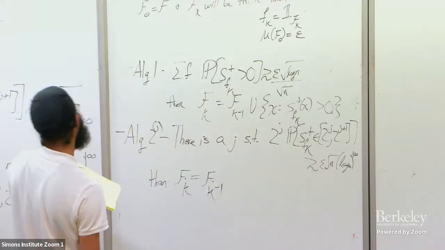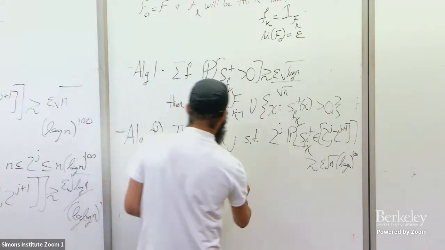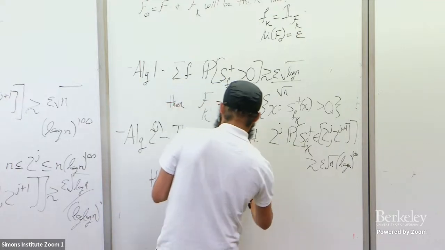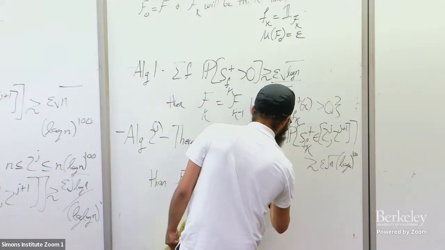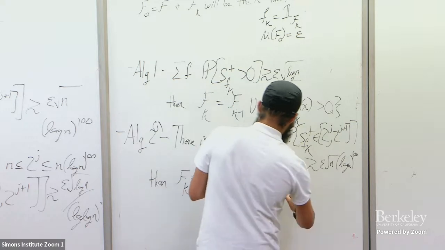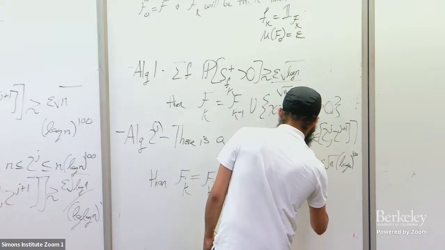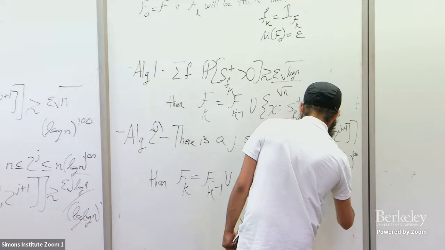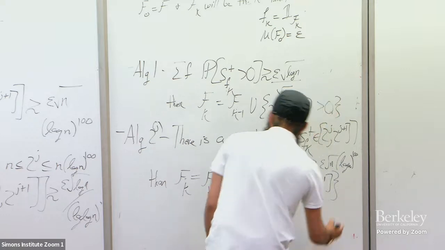Now I hope F j and F k are distinguishable.